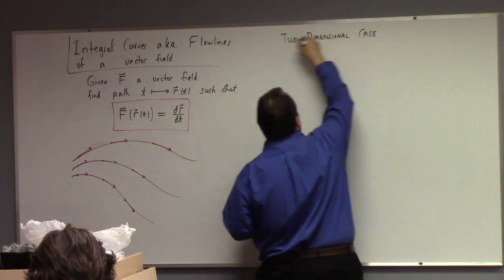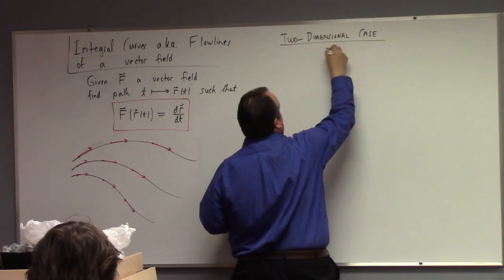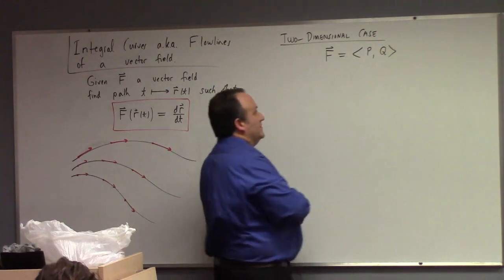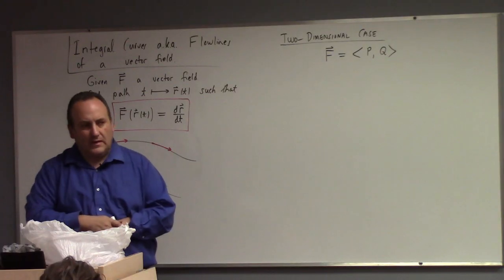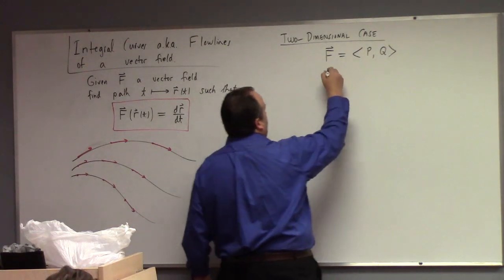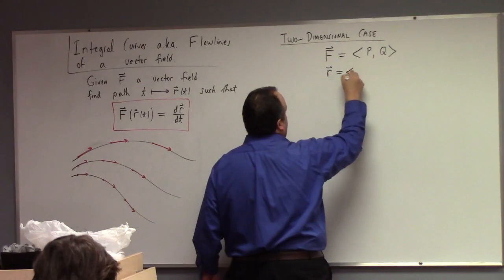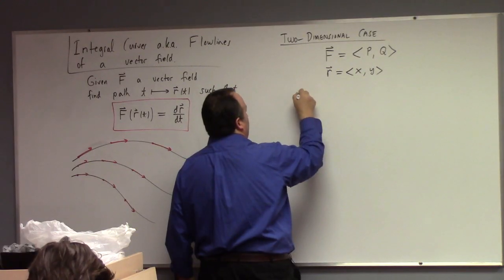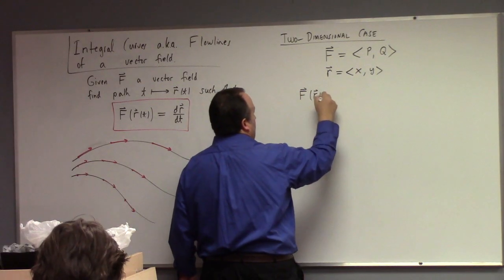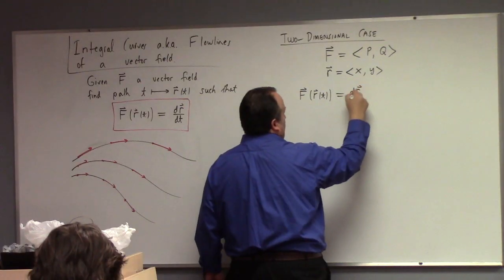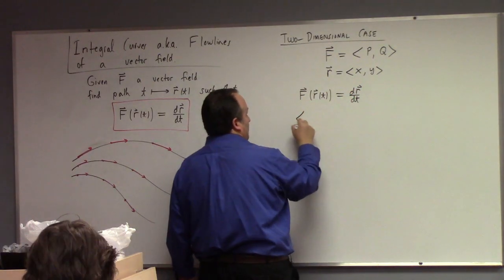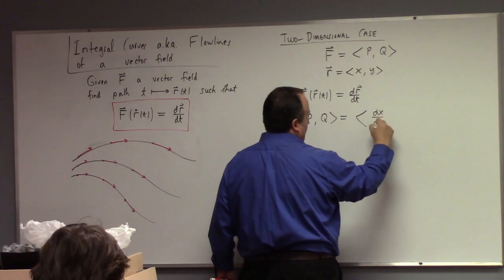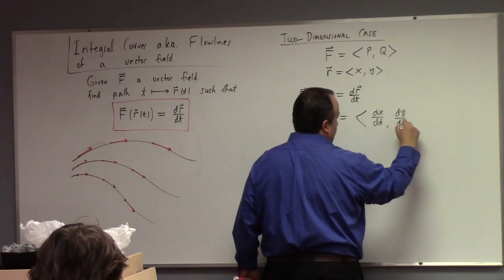So in that case, we can generically speak about a vector field having x component P and y component Q, like (P, Q). And if you think about the path you're looking for having components x and y, which we don't know, then what you're trying to solve when you look at F of r of t equals dr/dt means that (P, Q) equals (dx/dt, dy/dt).